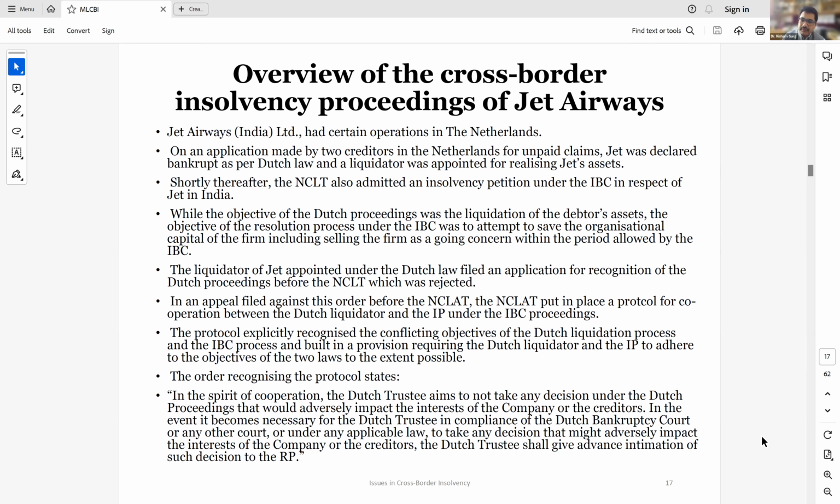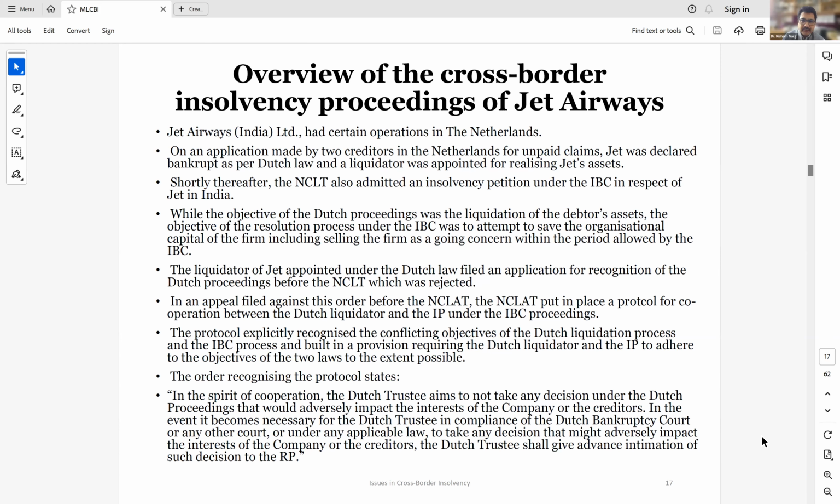So when the cross-border insolvency application was filed in NCLT Mumbai, the NCLT Bombay refused to recognize it. It said that we do not have any cross-border insolvency law and we cannot do so. And the Dutch administrator filed an appeal in the NCLAT.